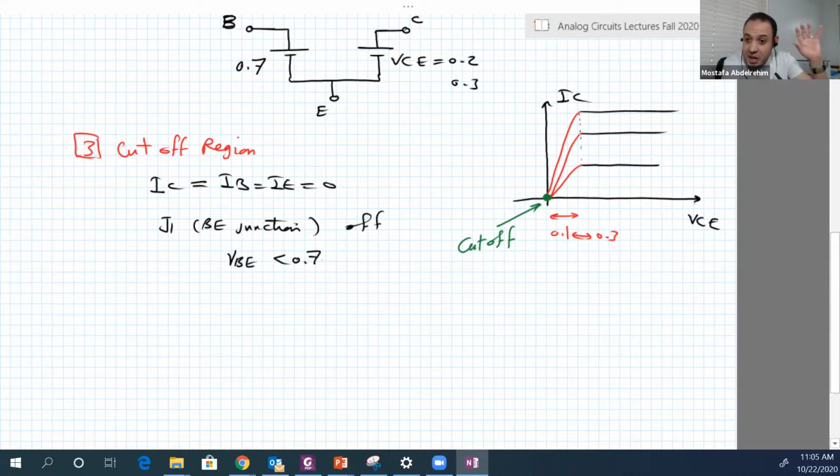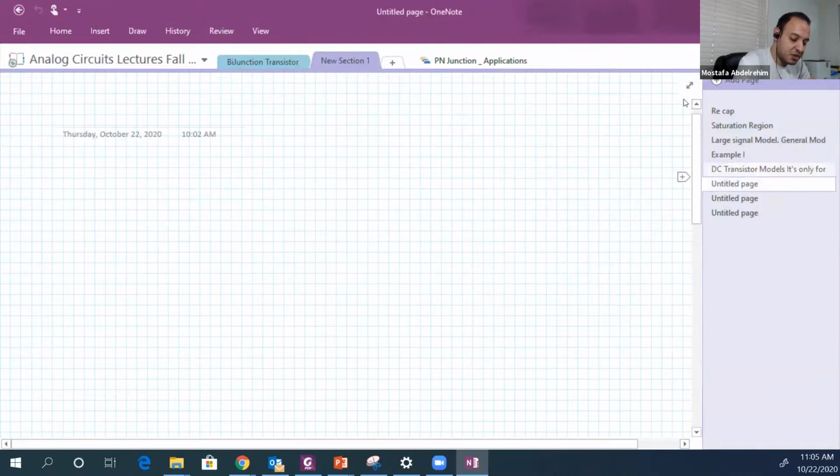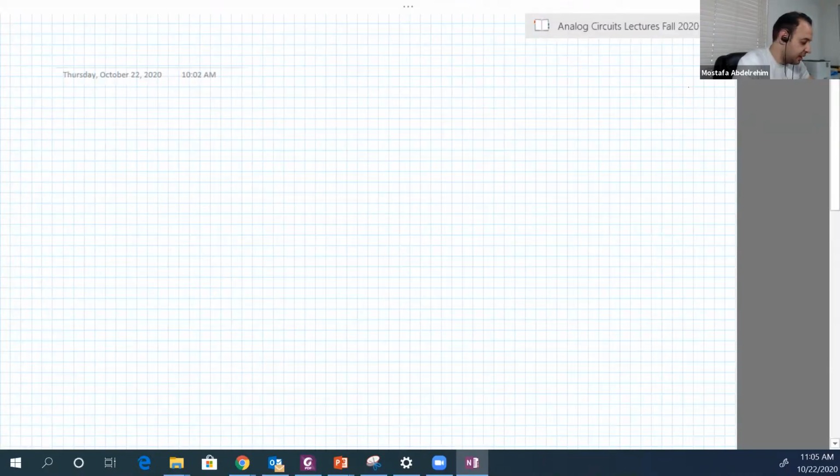So VBE equal to 0.7 is a condition for both saturation and active. Whenever you have current, you must have VBE equal to 0.7. So these are the three regions and their equivalent models. Now let's take some examples.